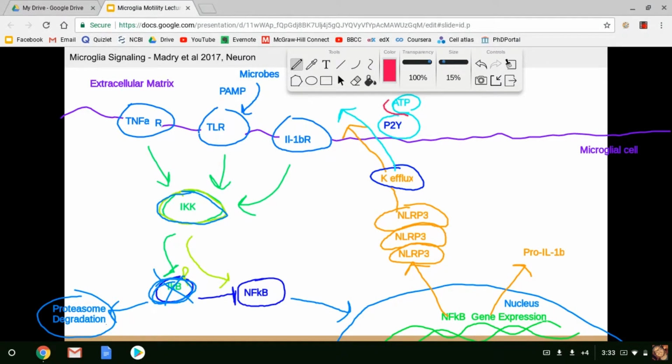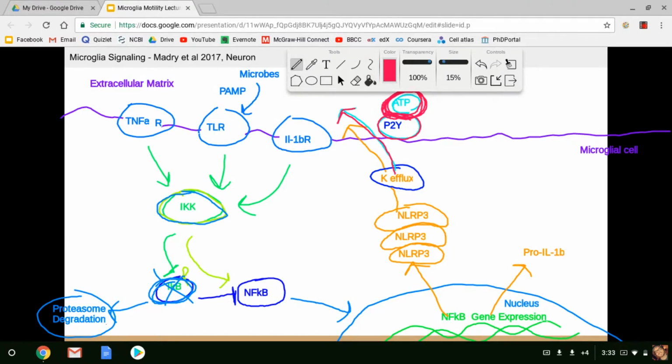And we'll talk in the next slide how ATP is a find me signal. It's actually a pro-inflammatory cytokine, because ATP typically is only released when a cell ruptures or is dying. ATP gets released, binds to this P2Y, which is a G protein coupled protein. Anyways, we'll talk about that in a second. And it leads to the efflux of potassium.